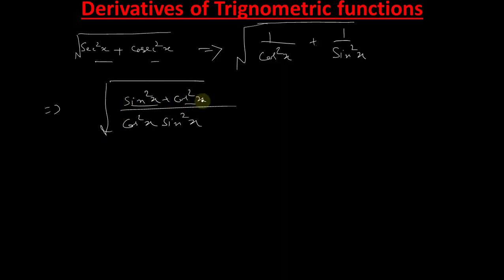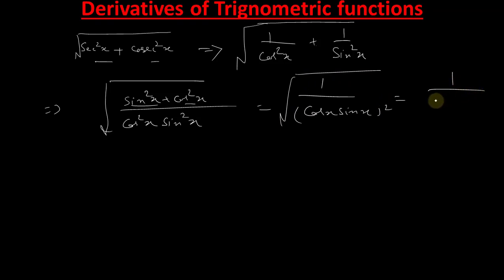Now sin square x plus cos square x is 1, so it is 1 by (cos x sin x) whole square, under the square root. The square gets cancelled with the square root, so we get 1 upon cos x sin x.